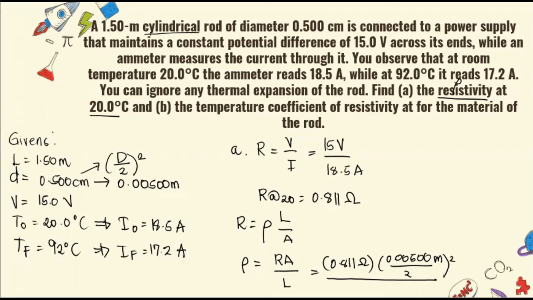Don't forget the pi here, divided by the length, which is 1.5 meters. Kasi ano po ba ang area ng cylinder? It is pi r squared, so d over 2 is the r and then squared. Supposedly pala ay nasa labas ng pi.